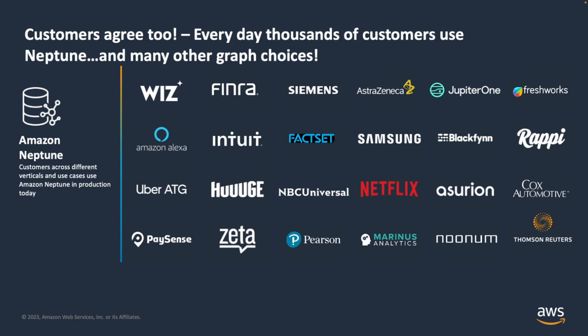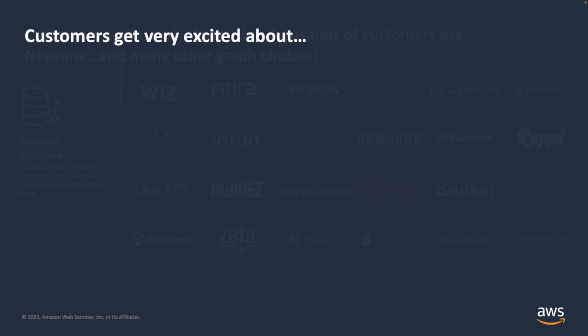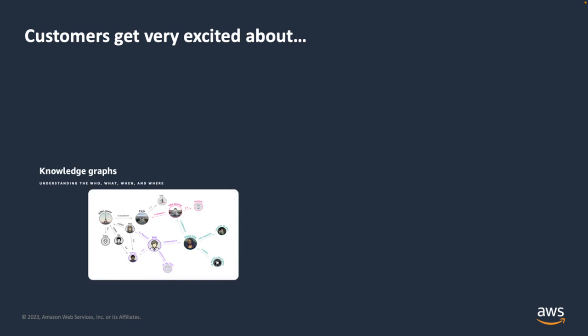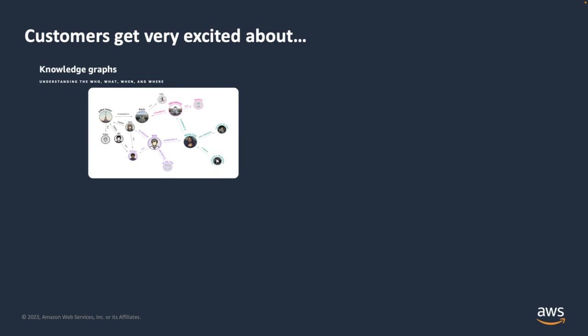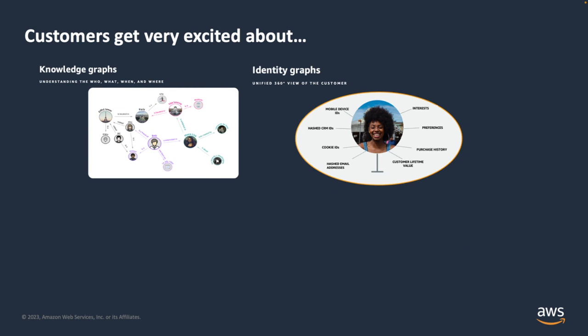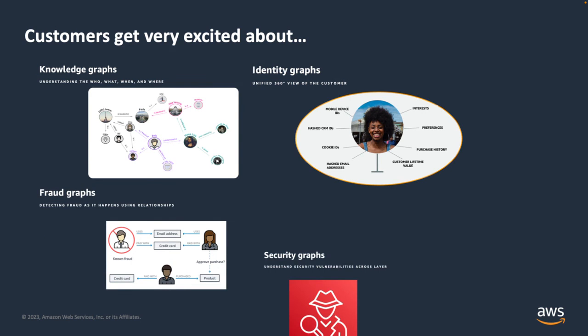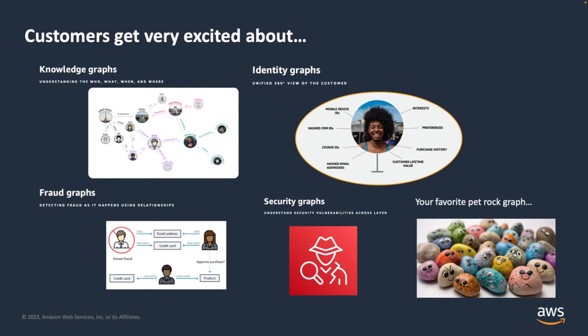And it's really exciting. The kinds of things that customers are excited about, and these are old hat to all of you, things like knowledge graphs, identity graphs, fraud graphs, security graphs, your favorite pet rock graph, right?